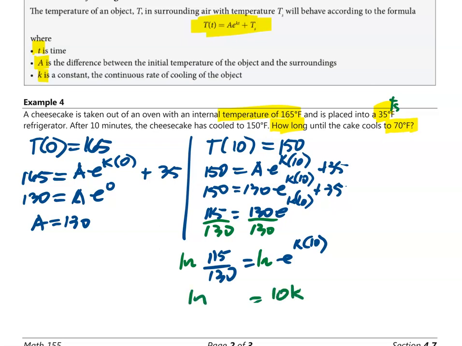This is ln of 115 over 130. And divide both sides by 10 to solve for k. K is approximately equal to negative 0.0123.